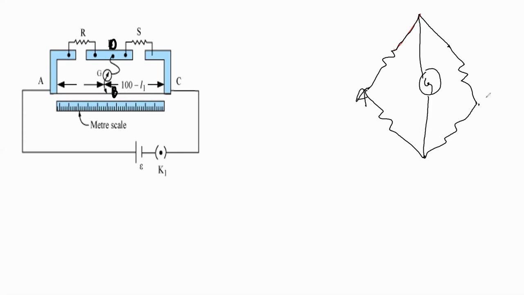This was A, this was C, this was B, this was D, this is P, Q, R, and S. This apparatus has a 1 meter scale, and on the scale a wire is connected. The wire is an alloy, Manganin or constantan wire, connected between points A and C, lying on the top of the scale.